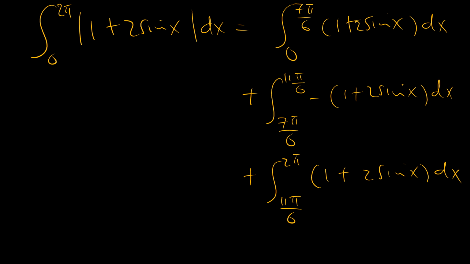So the next thing we're going to do now is this becomes x minus 2 cosine x. So let me write that C properly.